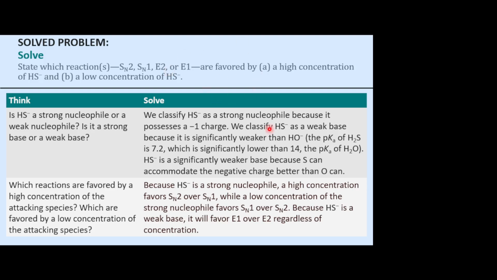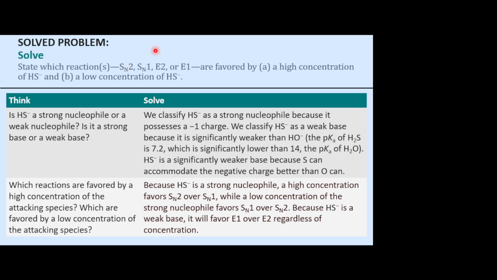Okay, so the ones we have to consider now are going to be the SN2, the SN1, and E1. So again, we have a strong nucleophile. If we have it at high concentration, then what's going to be the favored reaction? Yeah, the SN2. That's going to be your fastest reaction, and so that would be the favored reaction.